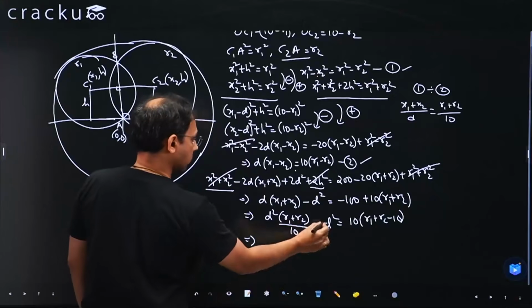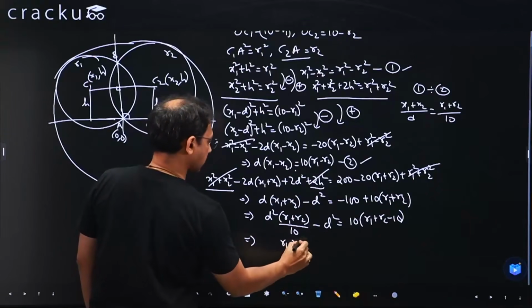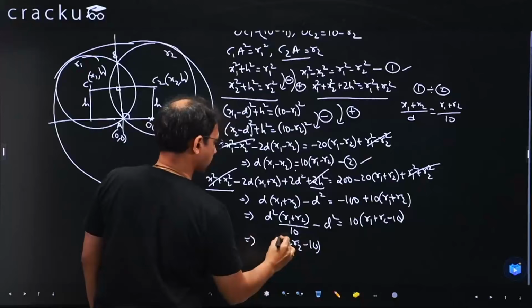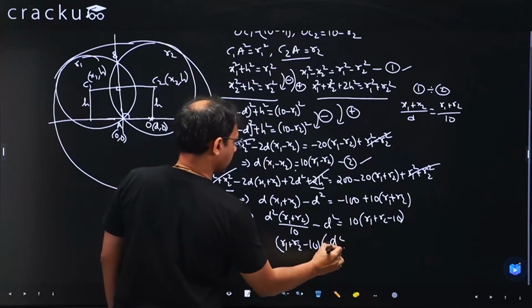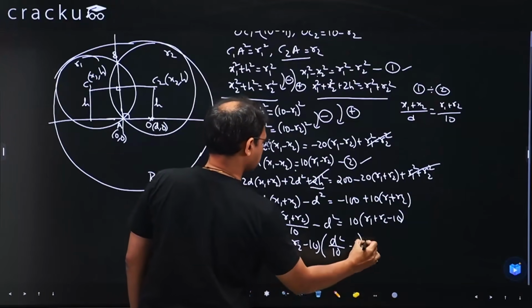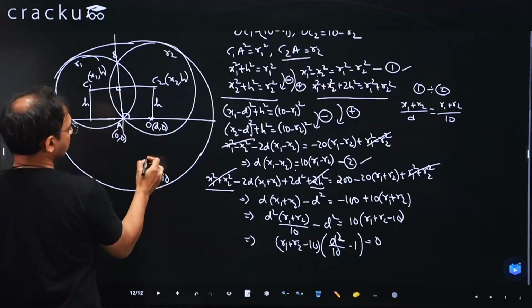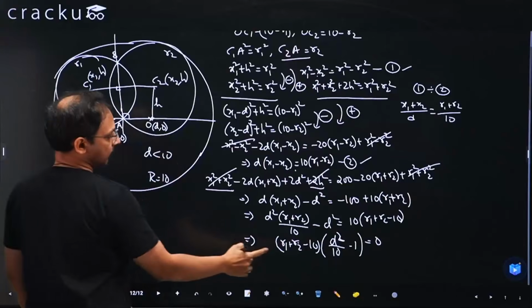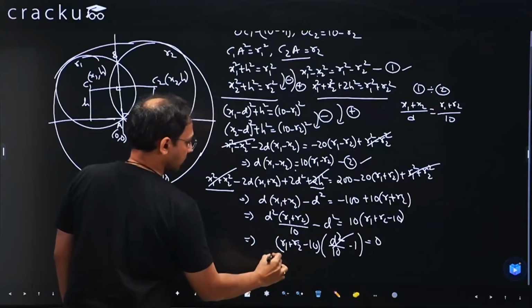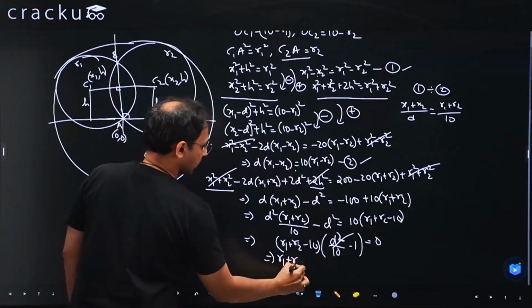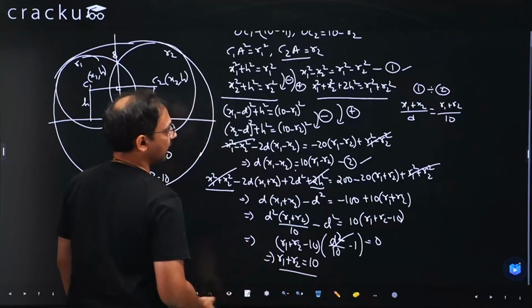So here also I'll get (R1 plus R2 minus 10) times d square by 10 minus 1. Now from here d will be less than the radius, so this cannot be 0. So the sum of radii of the inner two circles is 10.